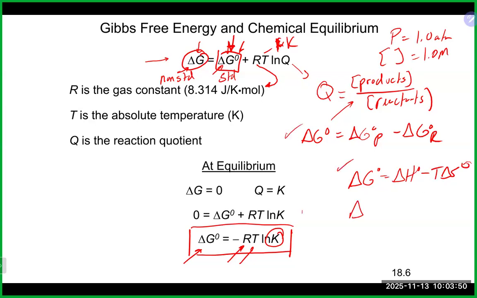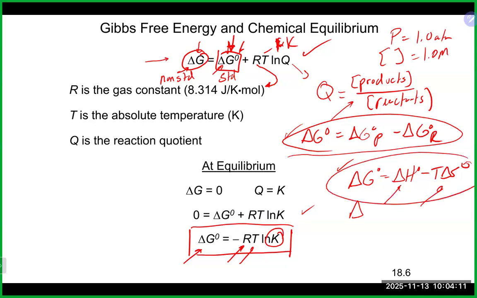So there's a few different formulas that involve delta G. Just to summarize, the best approach: if you're asked to calculate delta G and all you're given is an equation, I would roll with this one. Just go to the table and do products minus reactants. If you're given some delta H's or delta S's, then this would be the right one to use.